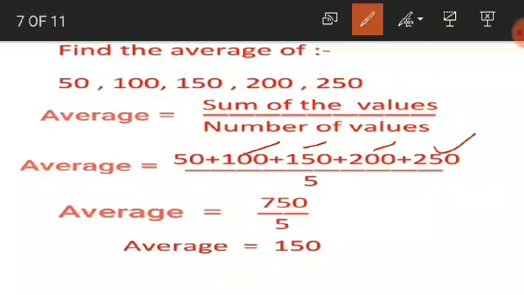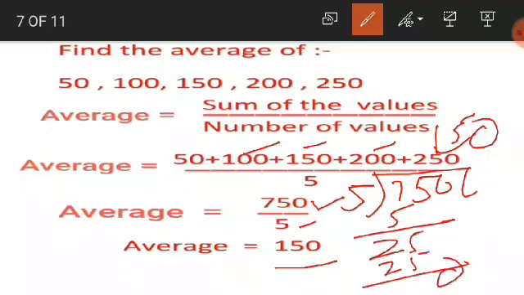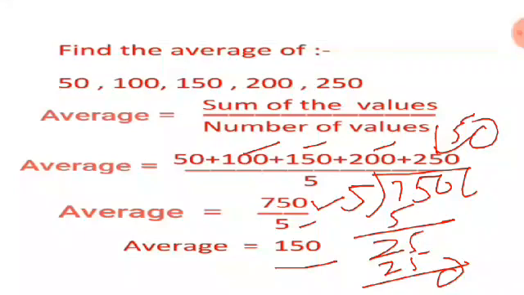When we add all the numbers, we get 750. And the number of values is 5. Now 750 is divided by 5. So we get 5 ones are 5, 5 fives are 25, and 0, it is 150 we get as an average of these numbers.